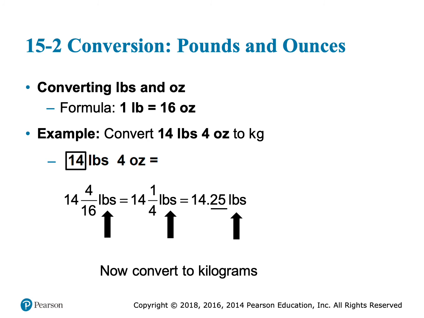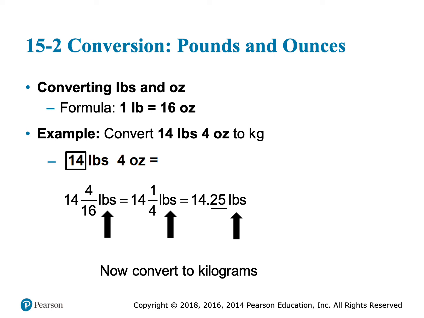Okay, so what if we have something like 14 pounds, 4 ounces? How do we get that to a decimal so that we can convert to kilograms? Well, remember there are 16 ounces in a pound. So what we're going to do is take that 4 ounces and set it over 16, right?